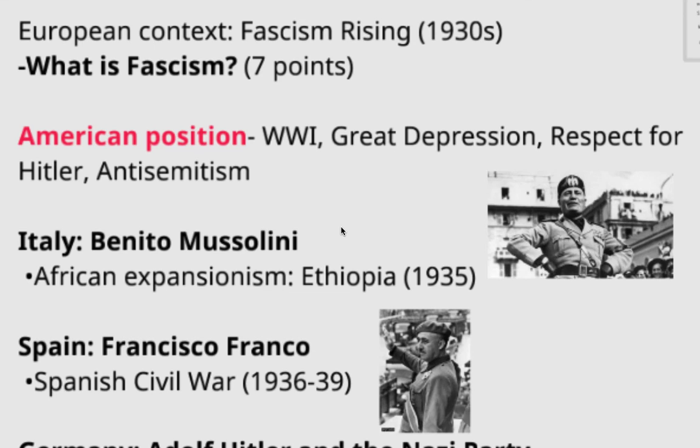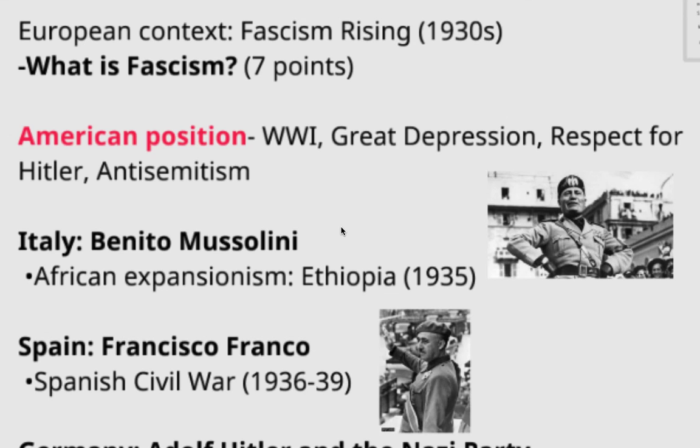And when these rumors and news are coming out of Germany and the Americans are hearing about it, they look at it and it's like, yeah, well, what are we going to do? We're going to go to war over Jews? It just doesn't make any sense to them.